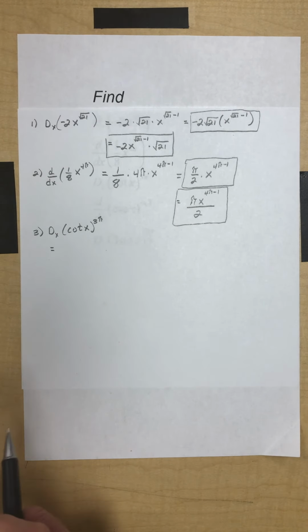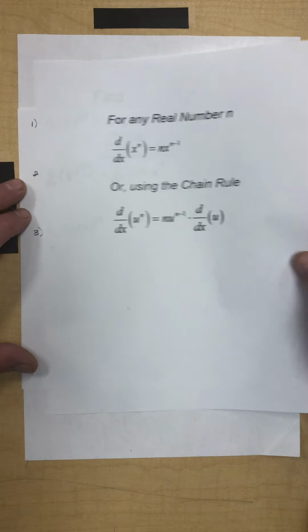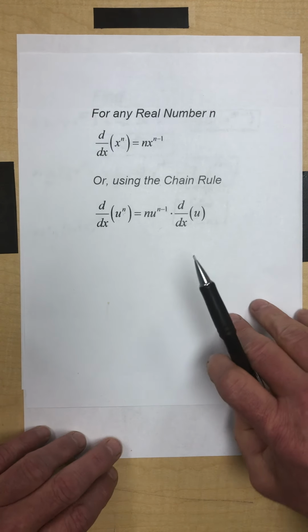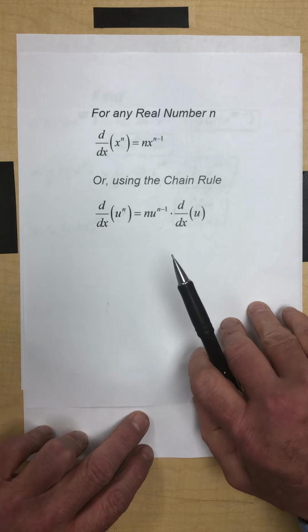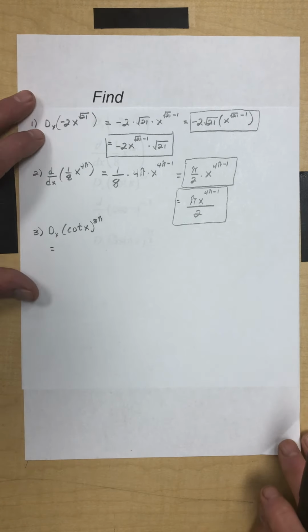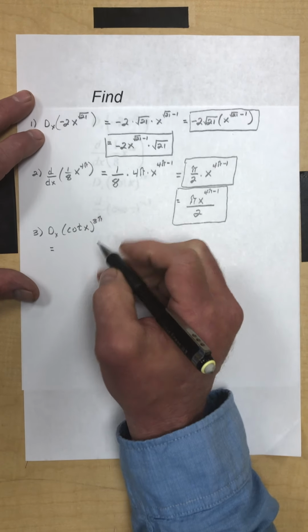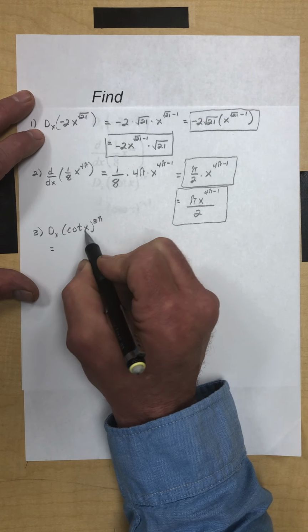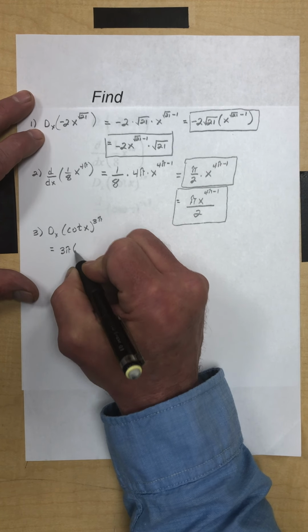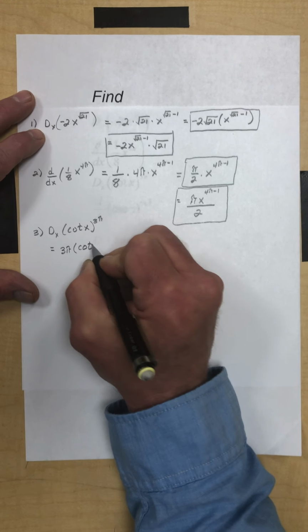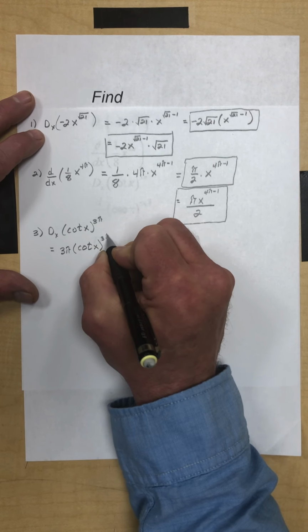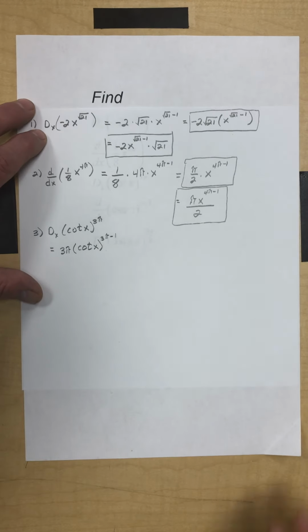So now we are going to have to apply the chain rule, because your u, or your x, whatever you want to call it, is now some sort of quantity. So when we take the derivative, we let this be our u, so I get 3 pi times our u, cotangent of x to the 3 pi minus first power.